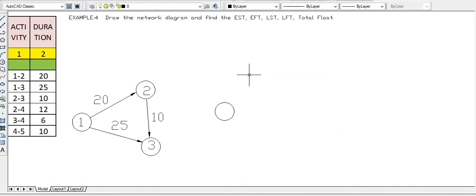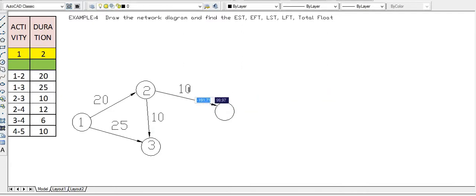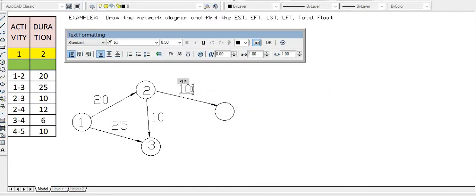Yes. 2 to 4 has a duration of 12 days. So we will copy this as 12 days. So this will be 12 days.